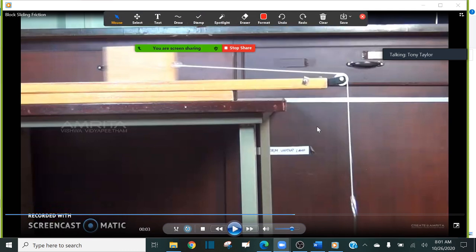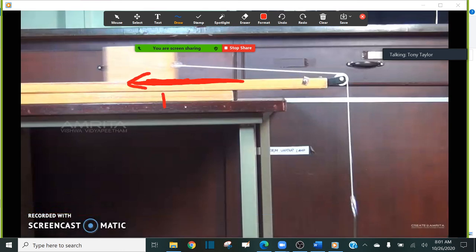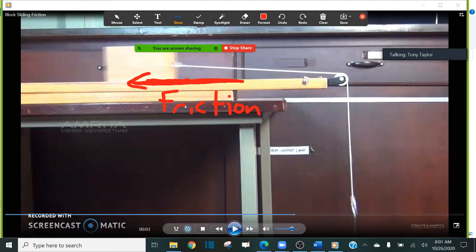Okay. So there's a force of friction acting in this direction. So there's a frictional force, because friction always acts opposite the direction of motion.